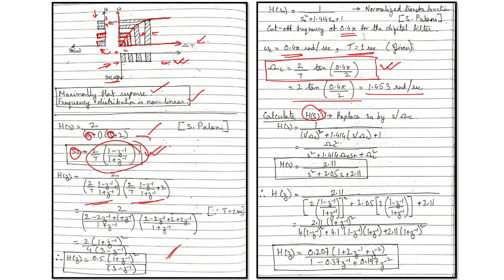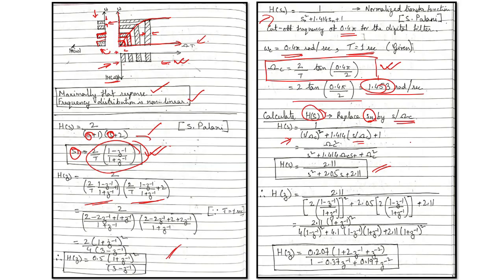H(s) can be obtained by replacing Sn with s by omega c. So in this equation, we will put s by omega c. Omega c we have already calculated, and we will be putting the values and solving this to get H(s).